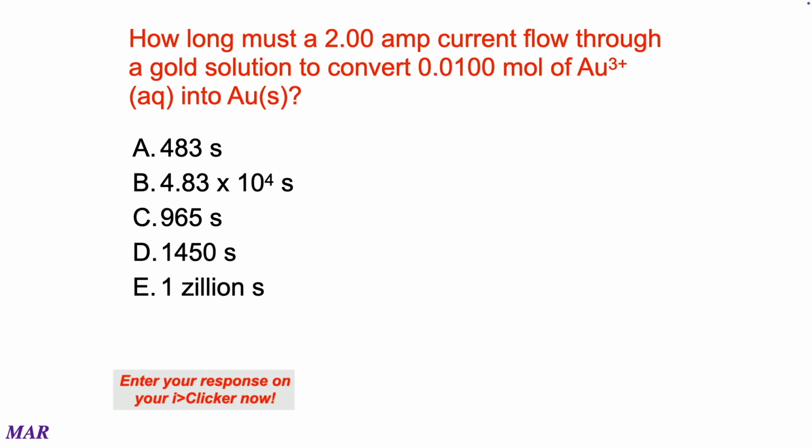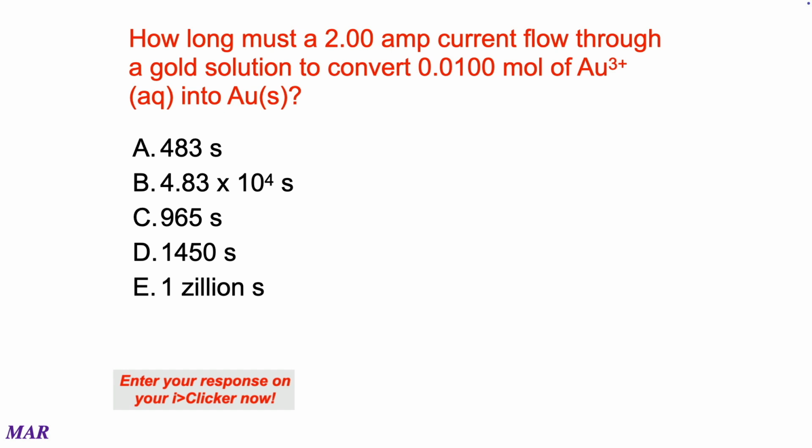We're going from gold 3 plus to gold 0. How many electrons would you need to turn one gold 3 plus into one gold? 3, that's right. So you take the moles of gold 3 plus and multiply by 3, that's 3 moles of electrons per mole of gold 3 plus.